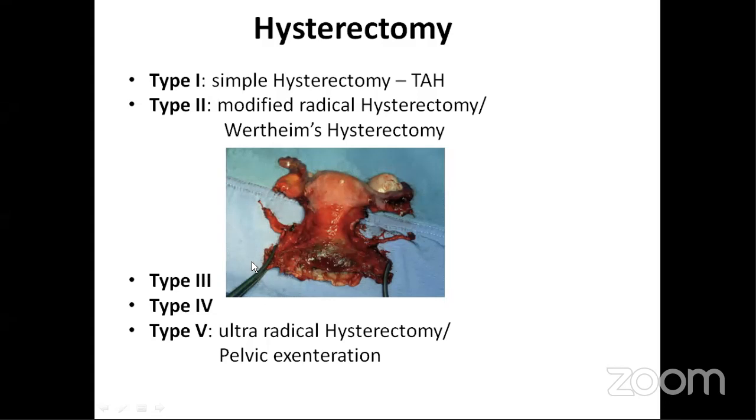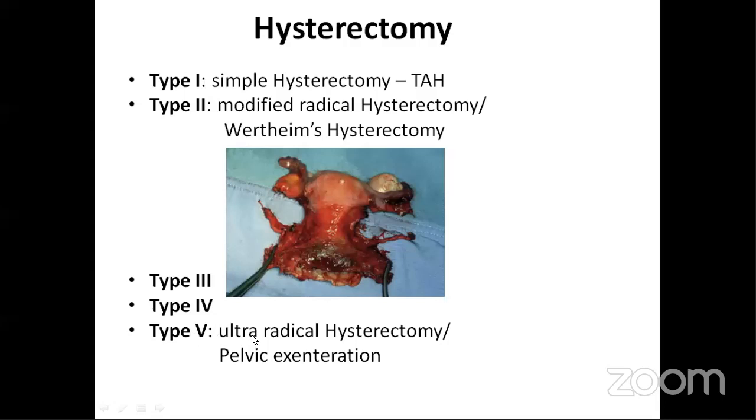In type 3, apart from the whole thing we discussed in Wertheim's hysterectomy, we remove the whole of the cardinal and the uterosacral ligaments along with extensive pelvic node dissection. Okay, type 4 is when even the vagina part is excised.